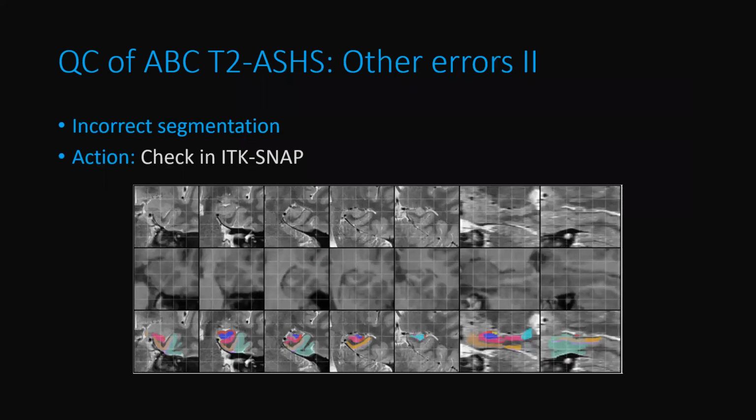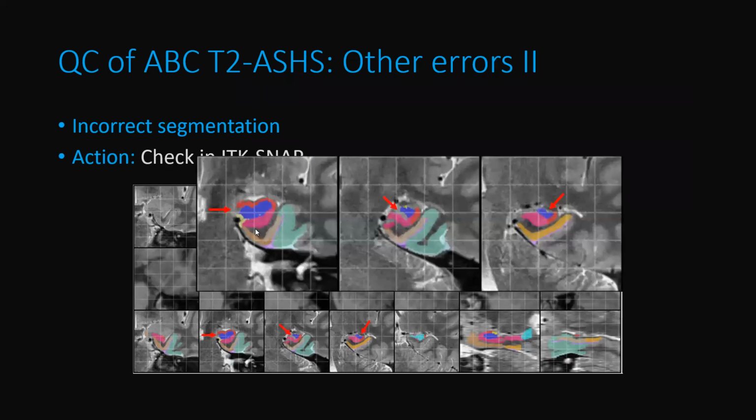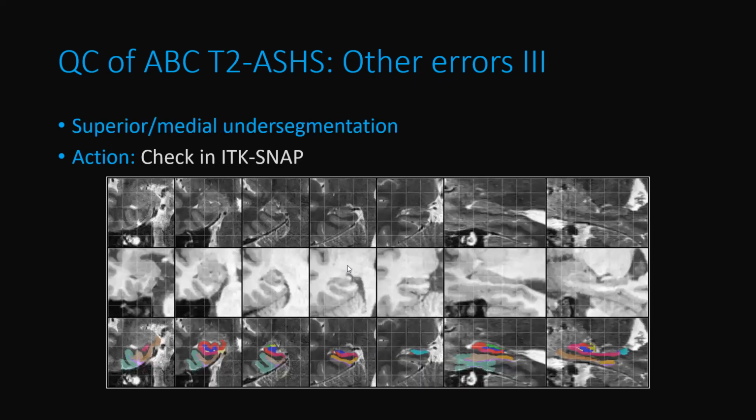Found another funky error here, and it's maybe hard to see, so I'll show the zoom in where there's weird places, some stuff missing. Again, here you would have to check in ITK Snap to see how big the error is, and then either edit or exclude. And then I found another third one, and there's something missing there.